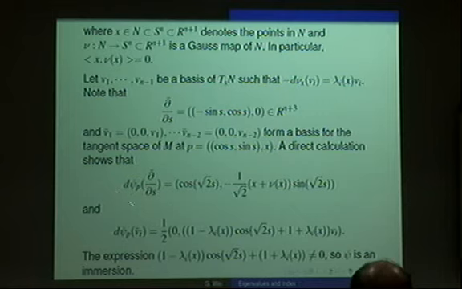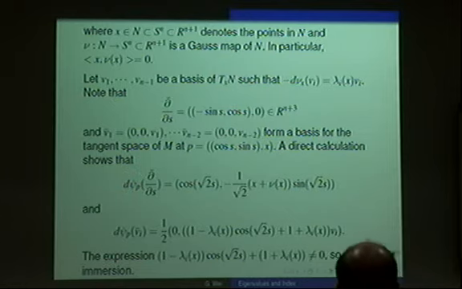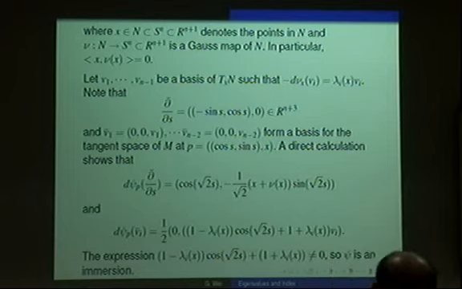From here we know that d psi isn't equal to 0, which means that psi is an immersion. This term isn't equal to 0, and this isn't equal to 0.